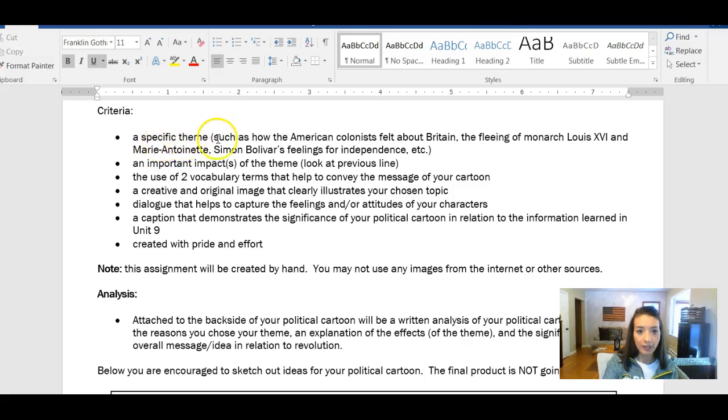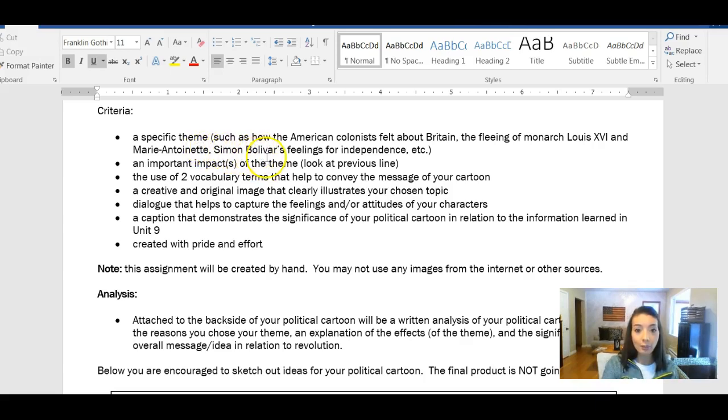So a specific theme. And then these are just examples. You don't have to use these if you don't want to, but I'm trying to give you ideas of how to narrow down an idea. So perhaps your cartoon is about how the American colonists felt about Britain. Maybe your cartoon is only about the fleeing of Louis the 16th and his wife Marie Antoinette because they were getting pushed out of France.